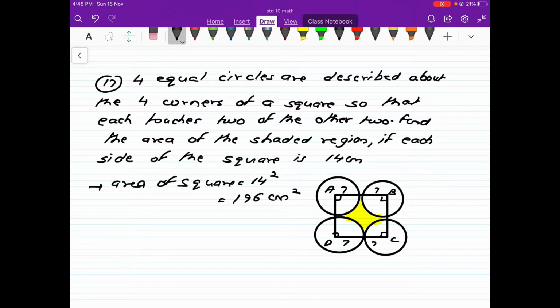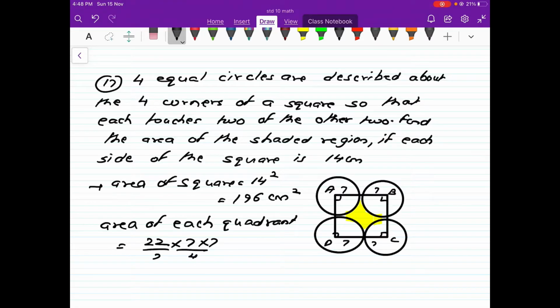Now there are 4 quadrants. So the area of each quadrant is given by pi r square by 4. So here r is 7 centimeters. So it is 22 by 7 into 7 into 7 upon 4.